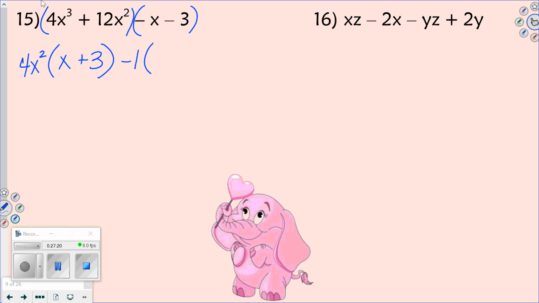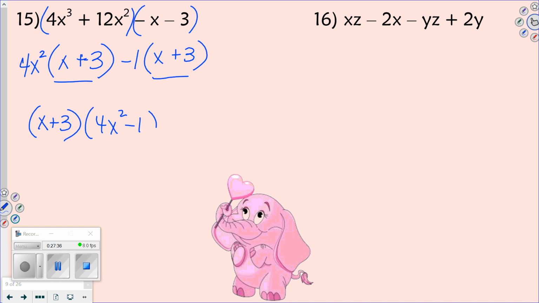Then I'm left with x plus 3. The common factor I'm factoring out is x plus 3. And then when I factor that out, I'm left with 4x squared minus 1. And then, that's a difference of squares. That's 2x plus 1 and 2x minus 1. And then the x plus 3 just comes down.